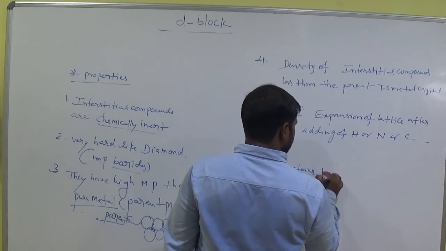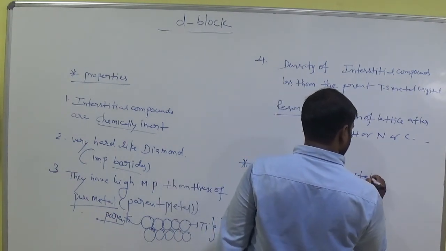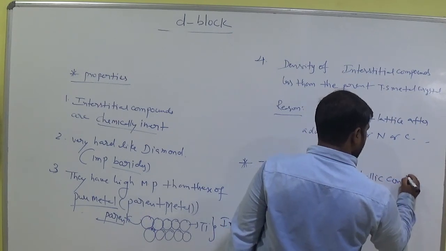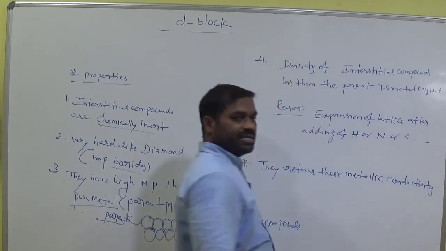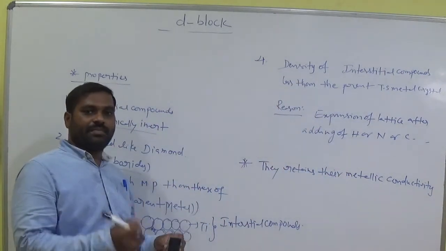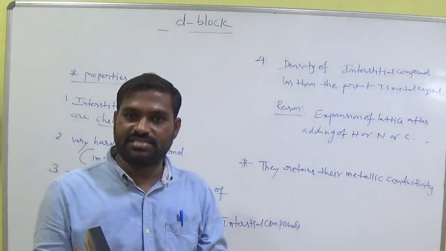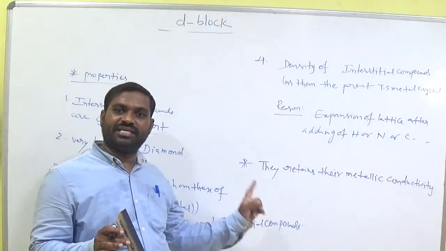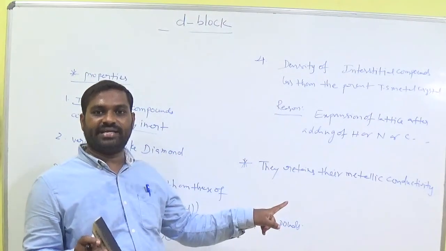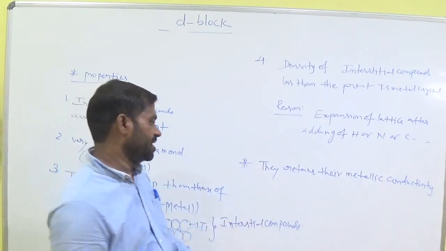They retain their metallic conductivity. Even though we add hydrogen or carbon, originally transition metals are good electrical conductors, okay, and heat conductors. Even though we add hydrogen and they become interstitial hydrides, they possess metallic conductivity. Okay, keep it in mind.